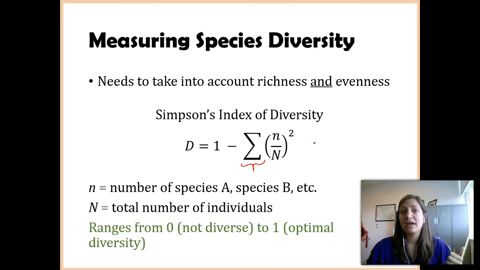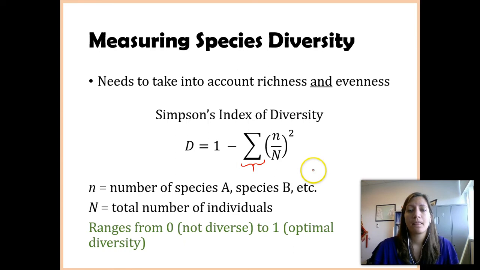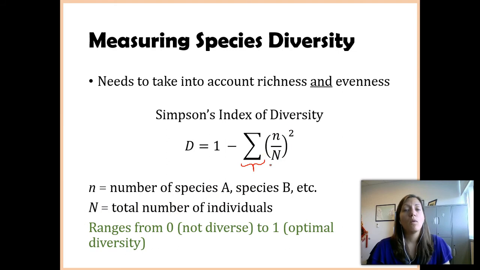I had 300 daisies. I had 350 buttercups. I had 400 dandelions. And big N is the total number of individuals. Well, if I added all those up together, that'd be like 1,050 or so. So big N is the total number of individuals you had in that ecosystem.